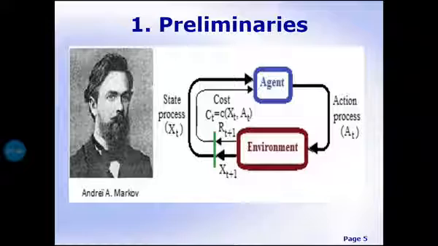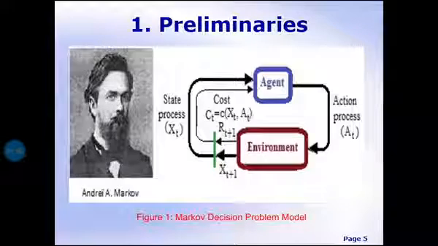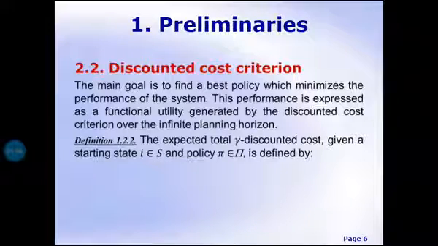The general model of a Markov decision problem is given as follows. The utility function to minimize in order to find an optimal policy for solving our problem is formulated in the following definition.